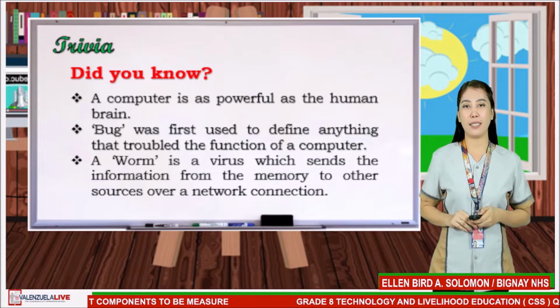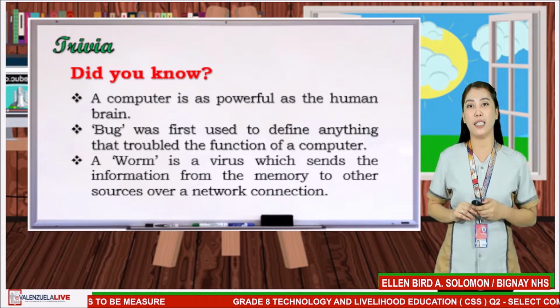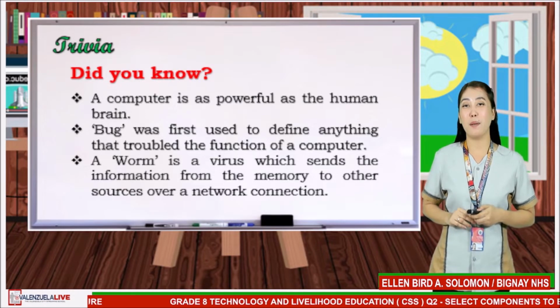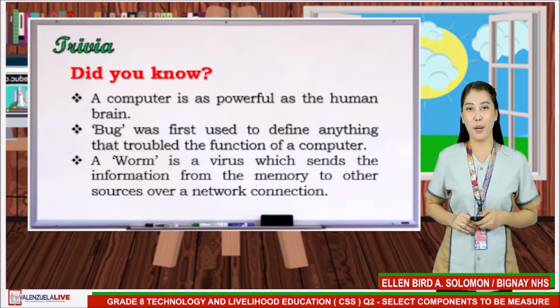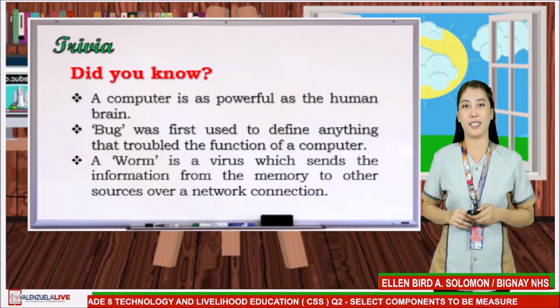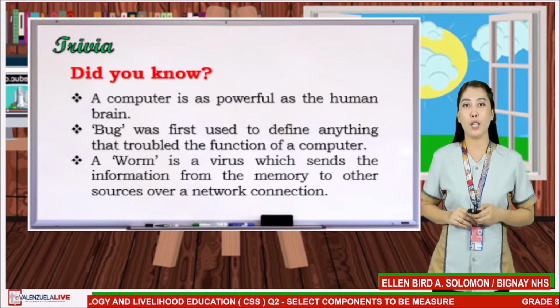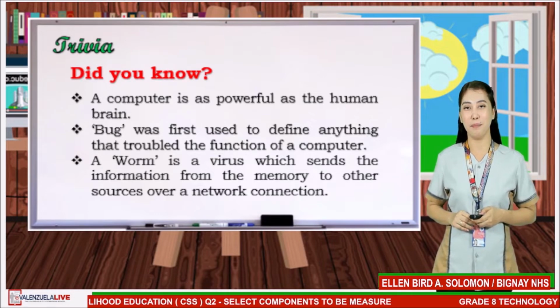A worm is any of numerous relatively small, elongated, usually naked, and soft-bodied animals. But did you know that in a computer system, a worm is a virus which sends the information from the memory to other sources over a network connection?